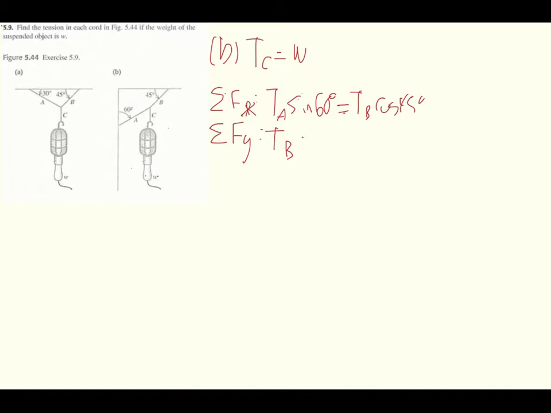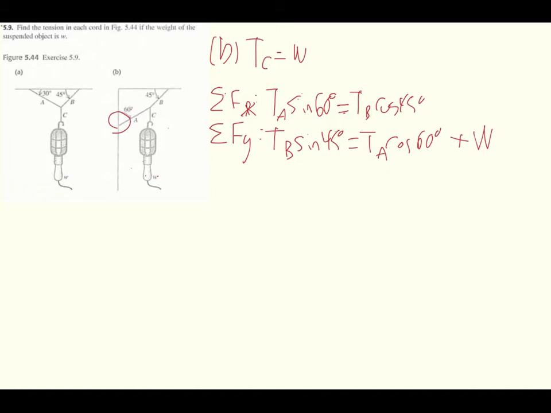Of course, it doesn't really matter because it's 45 degrees. We'll get the same value either way. But it's going to equal both the downward pull, which is going to be T sub A, and remember it's going to be this component over here, so it's going to be the cosine of 60 degrees plus the weight.